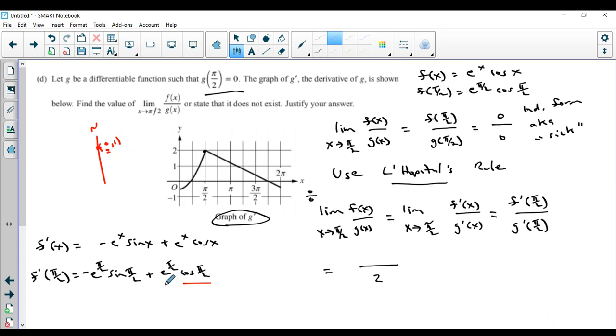That's just going to be 0, so that wipes out. Sine of pi over 2 is going to be 1. So f prime of pi over 2 is just 1 times negative e to the pi over 2. So I get negative e to the pi over 2. And to spruce it up, maybe I write negative a half e to the pi over 2. And that is my answer right there.